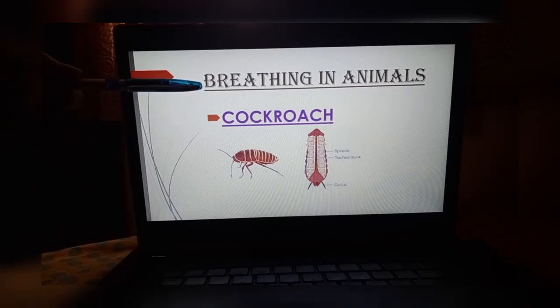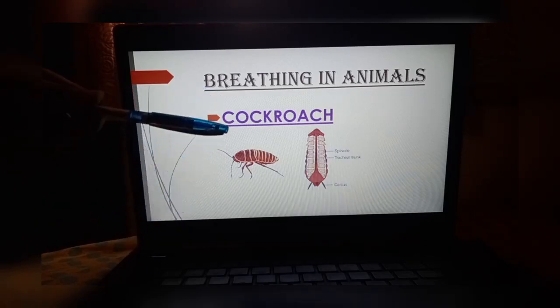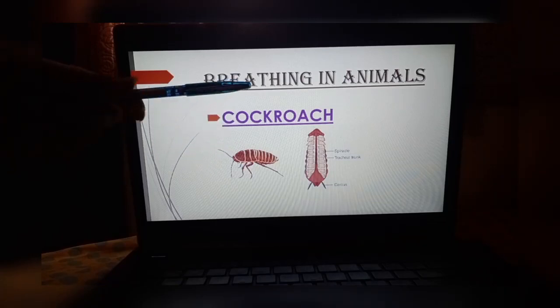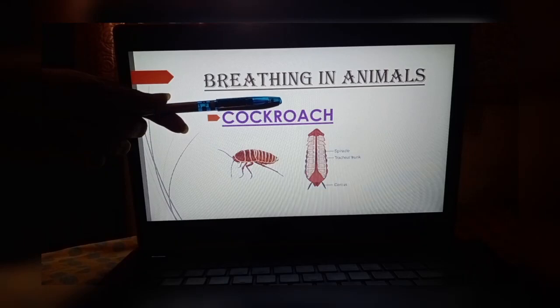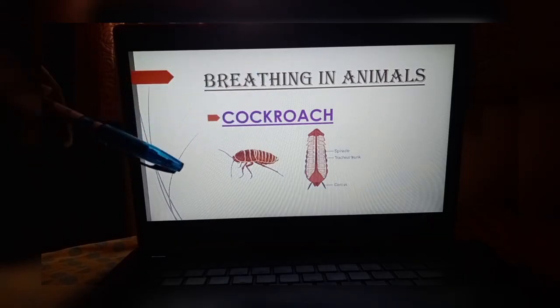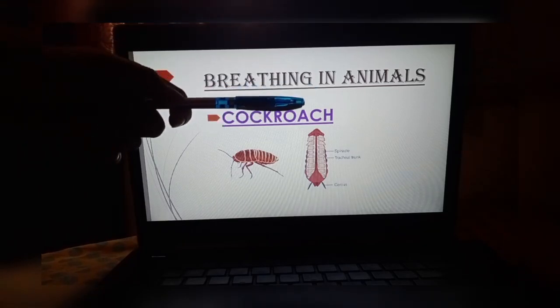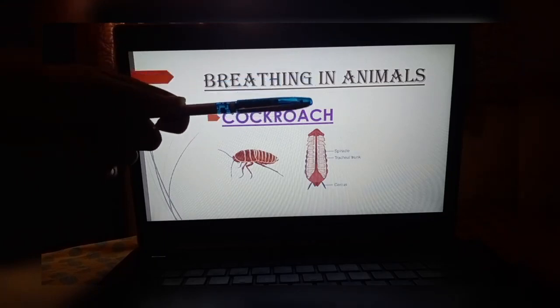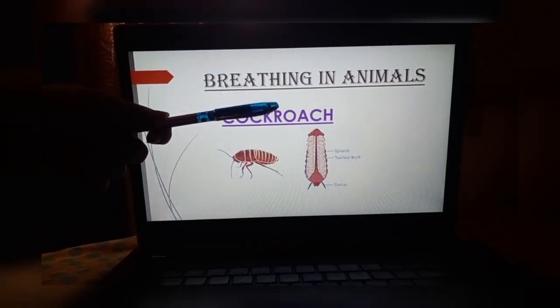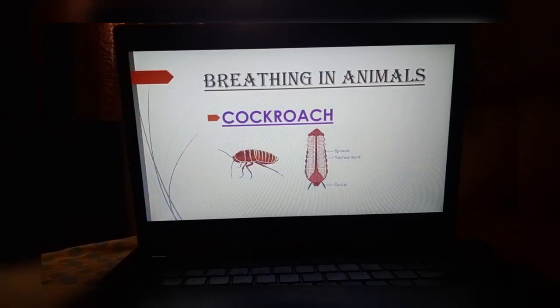In between these two processes there are various types of activities going on in our body, and this is called breathing, or you can say respiration. In the breathing process, oxygen is taken in and carbon dioxide gas is taken out through the animal's body.